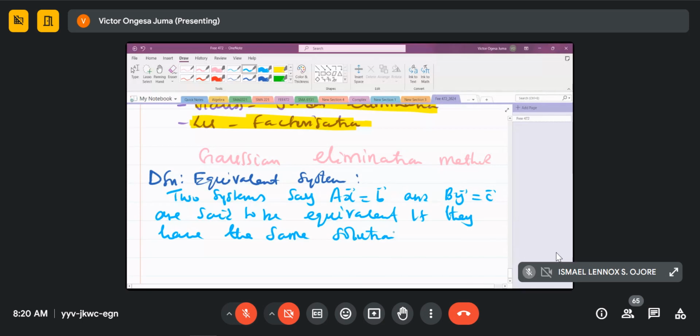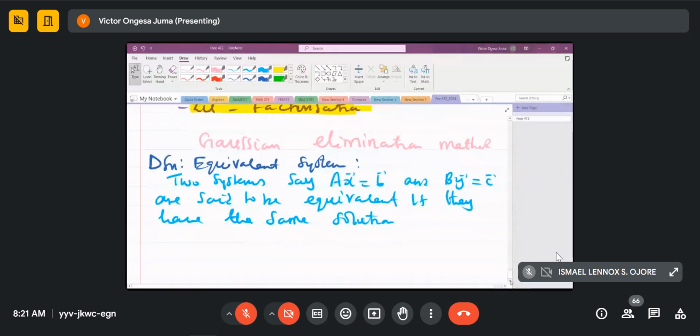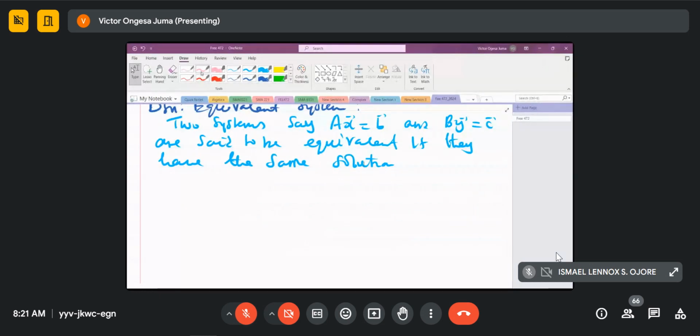So if you get two systems which you can form, and then they give you the same solution, then they are called what? They are called equivalent systems. Let me try to, can I get an example? Maybe 2x1 plus x2 is the same as, so if this is 1, 2, that is 4.